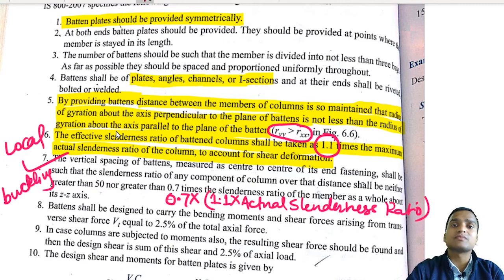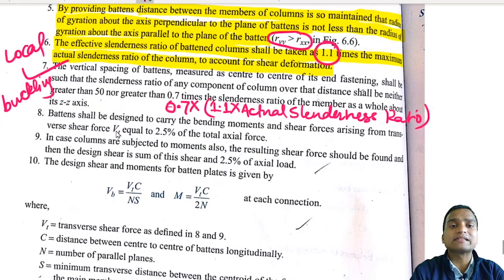So the calculation will remain same here also, and battens are also subjected to shear forces, and they are also designed to carry the bending moments arising from transverse shear Vt equal to 2.5% of the total axial force. And here design shear and moments for batten plates is given by this formula.